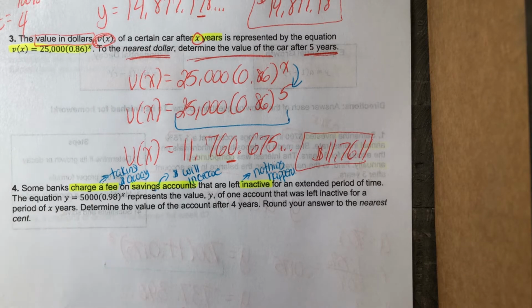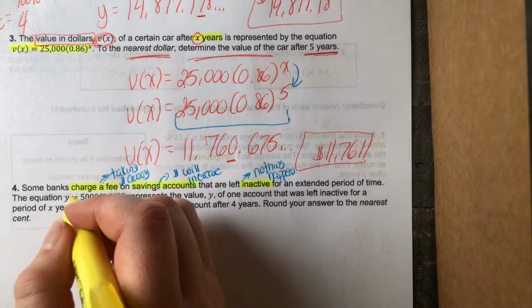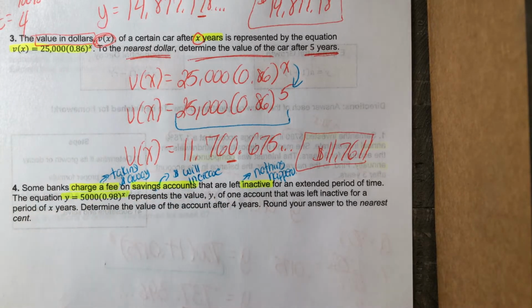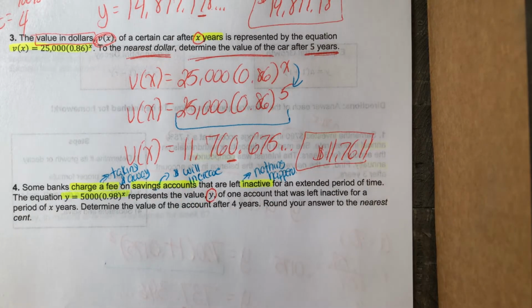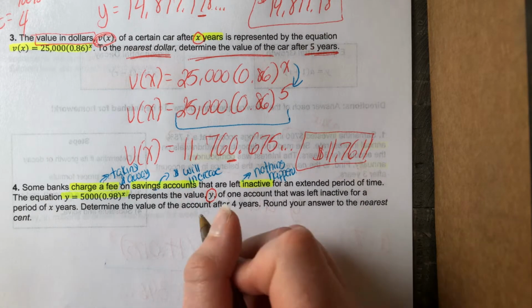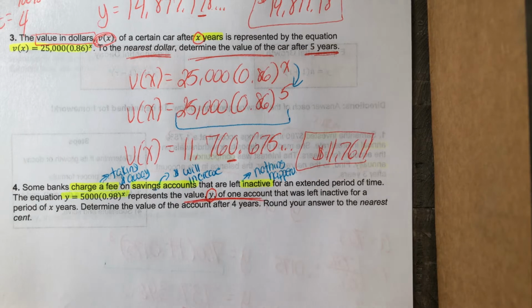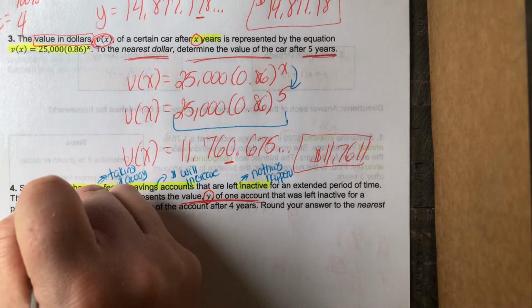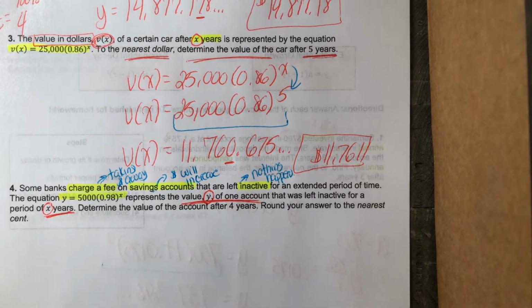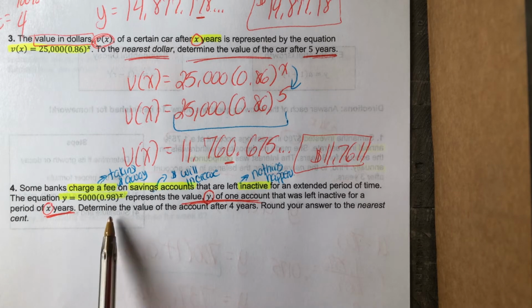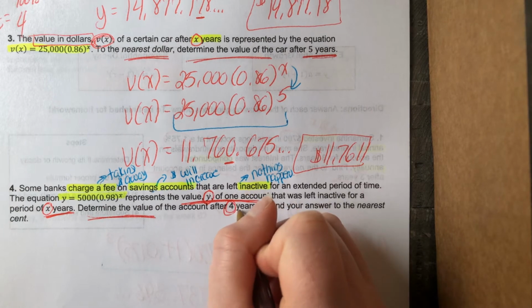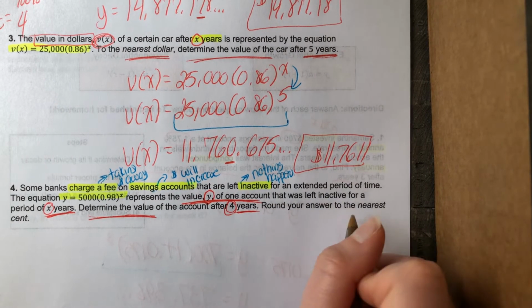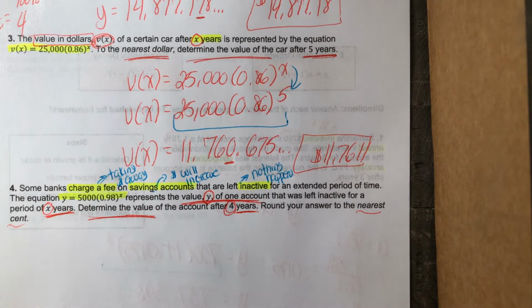Okay, the equation y equals, I'm going to highlight that since they're giving it to me, represents the value, which is y, of one account. So it's the value of one account that was left inactive for X years. So I know X is years. And then the question says determine the value of the account after 4 years. So what's the value after 4 years? And then I have to round to the nearest cent for my final answer.